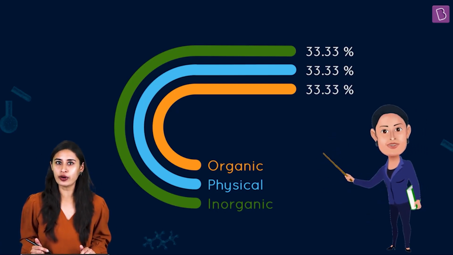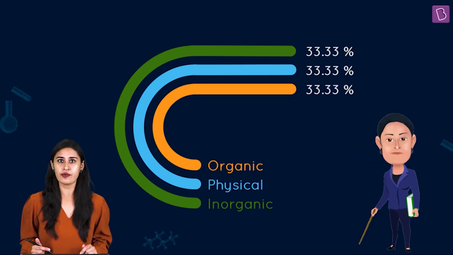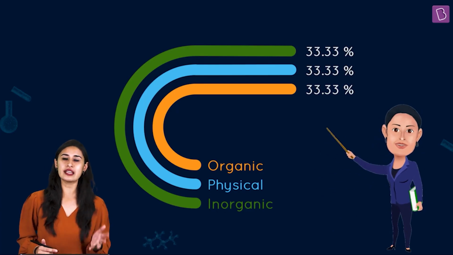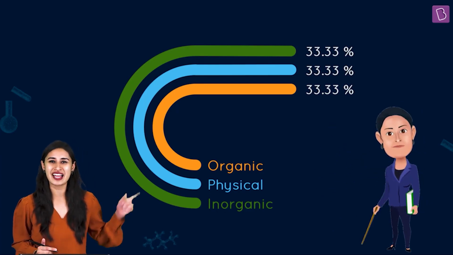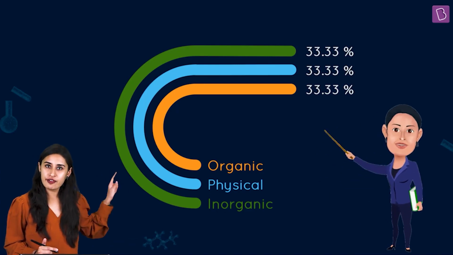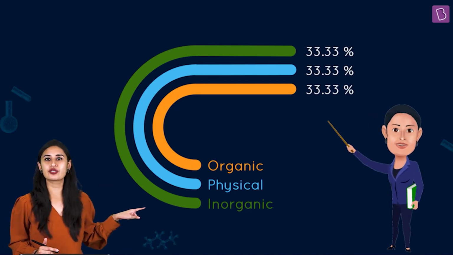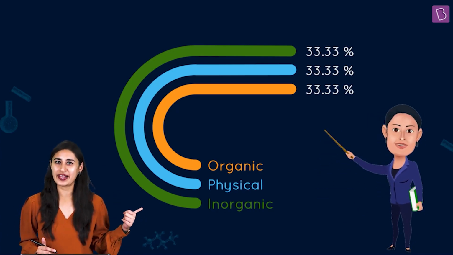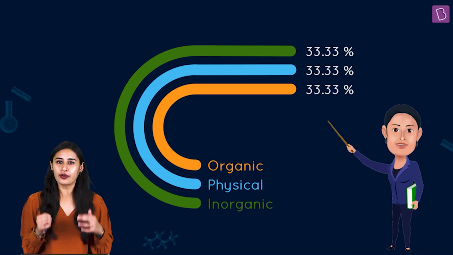So 45 questions are asked in the NEET examination, and when we divide 45 by 3, yes, we get 15 questions. So 15 questions were asked from inorganic chemistry, 15 from physical chemistry, and 15 from organic chemistry as well.